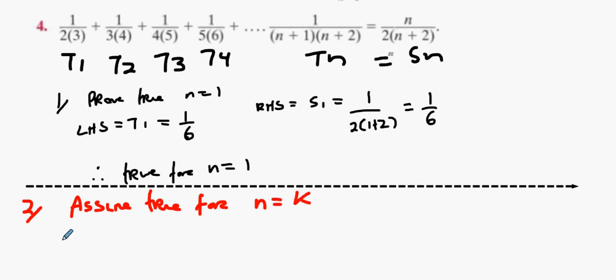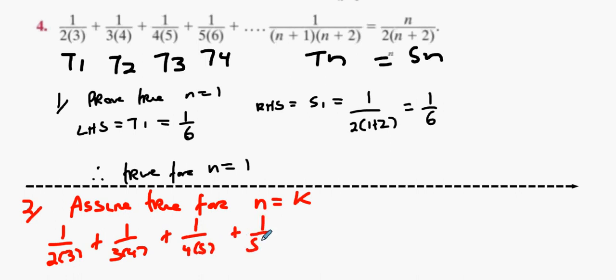So now it's 1 over 2 times 3 plus 1 over 3 times 4 plus 1 over 4 times 5 plus 1 over 5 times 6 plus dot dot dot. Now that was Tn, now it's Tk, and we know that Tk is 1 over k plus 1 by k plus 2. That's no longer Sn, it's Sk now.